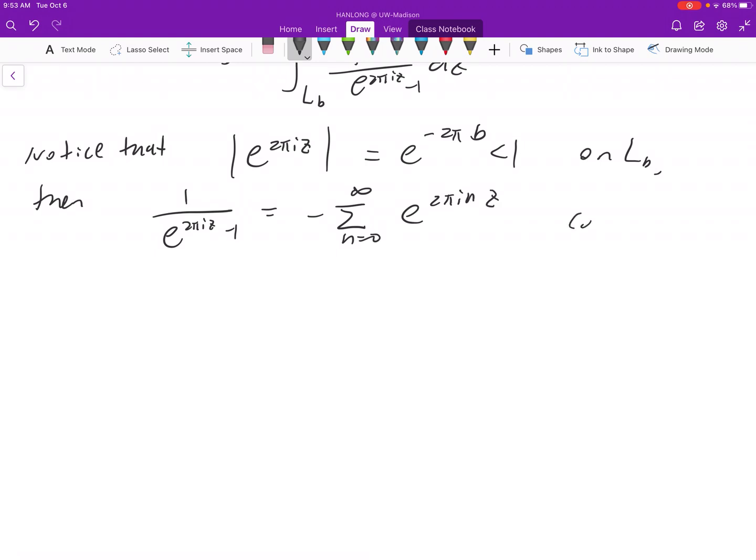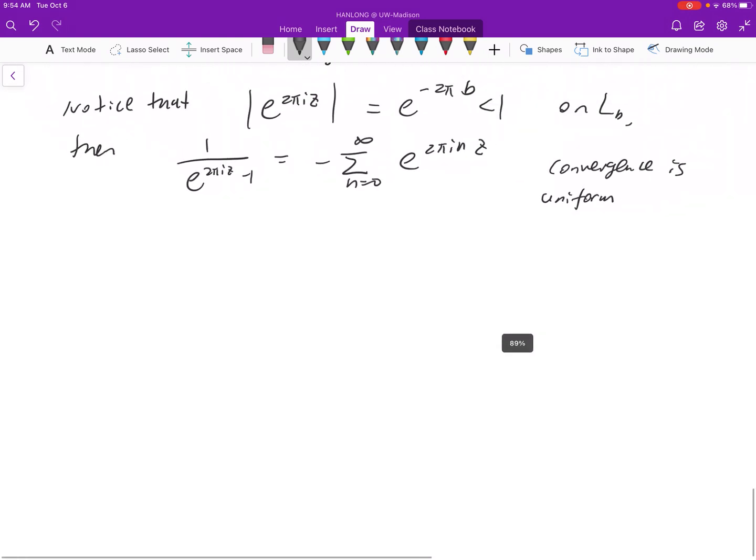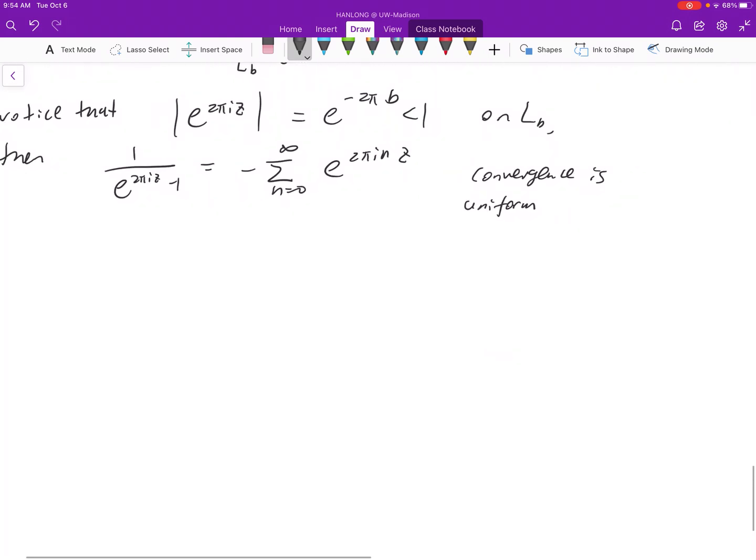So the convergence is uniform on L_B. Why is this true?